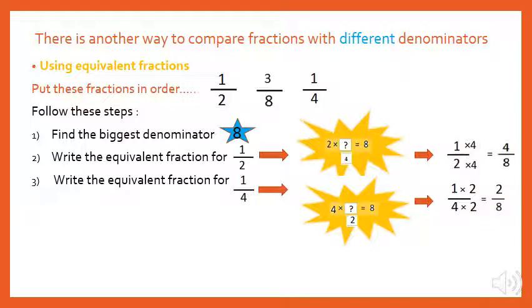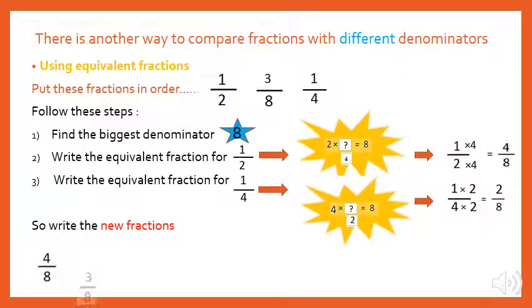As you see here, 2/8, and we have also 4/8, and we already have 3/8. Now we have equal denominators. Now you can order them directly.